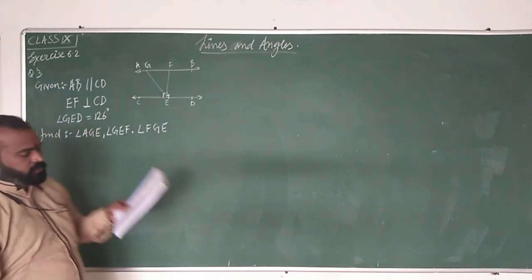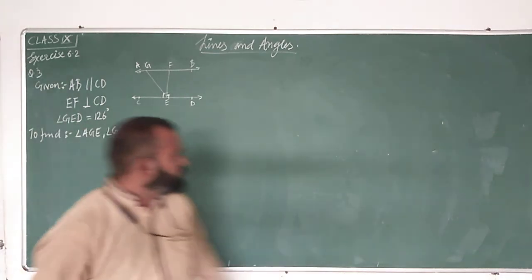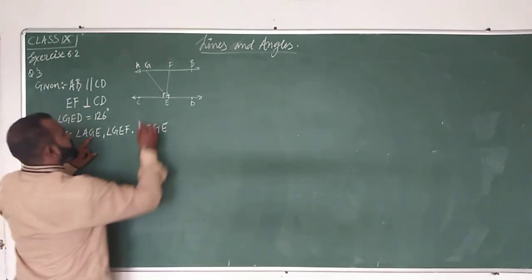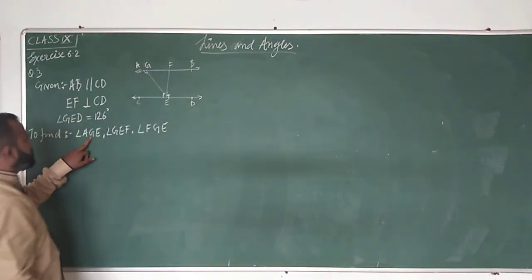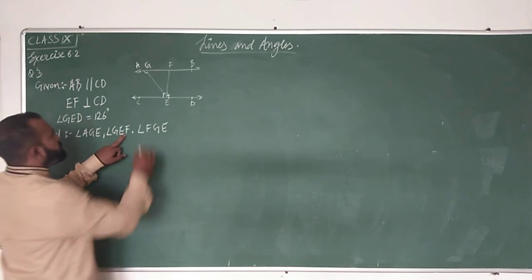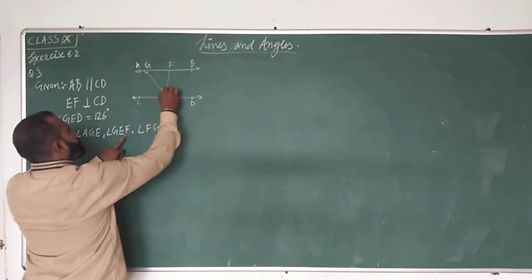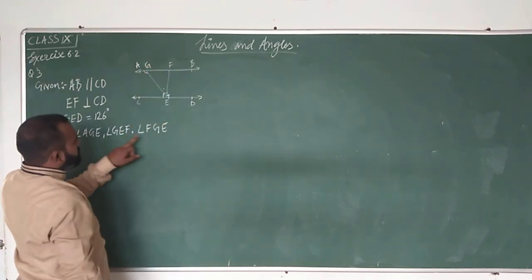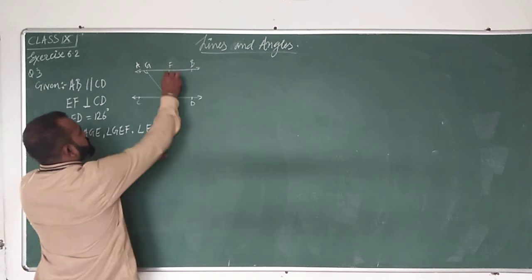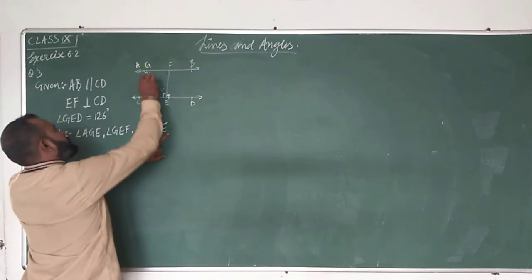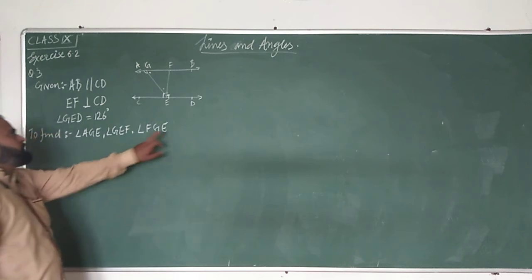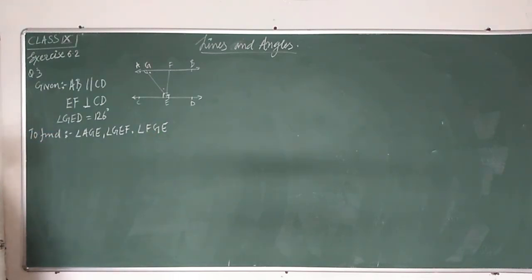These three things we have to find. Angle AGE, this you have to find. After that GEF, this one you have to find, and FGE you can get by linear pair also. Okay, once you find out AGE.